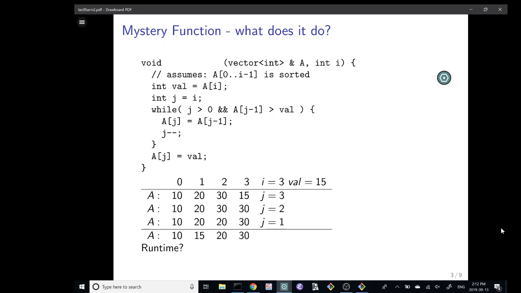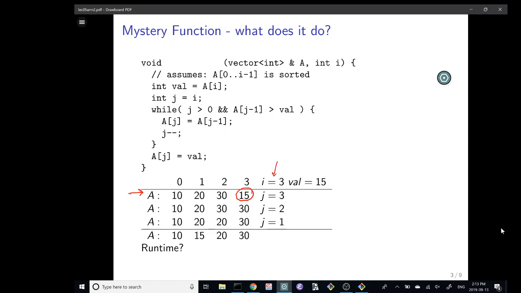We have down here at the bottom an example input array A with these values, an example input I, which is 3. The first thing this code does is set value to be the value in location 3 of array A. So value is 15. And then it enters the loop with j equal to I, which is 3.